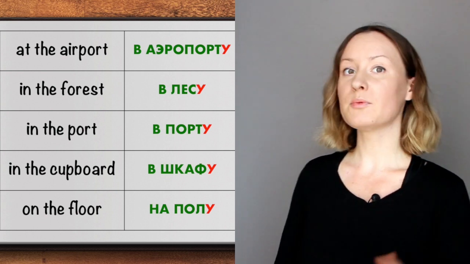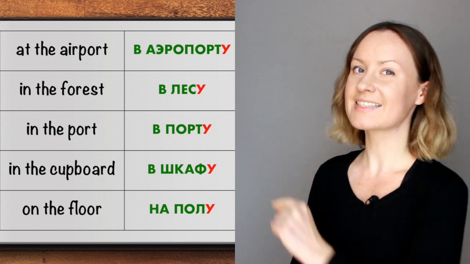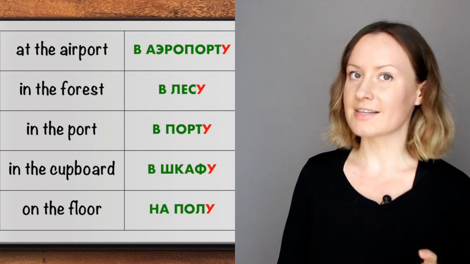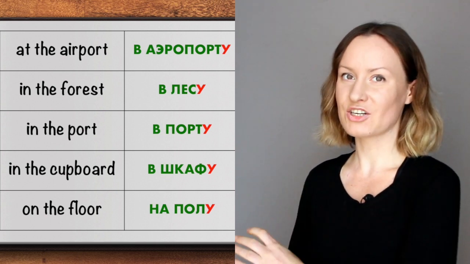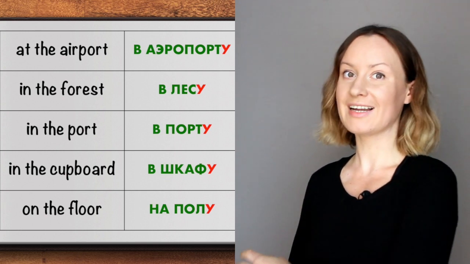Now, what do you see in common between all these words? The stressed syllable is the last vowel, U. So, if the stress is on the last vowel, we have to put U, not ye. I repeat again. For example, Barcelona, the stressed syllable lo.